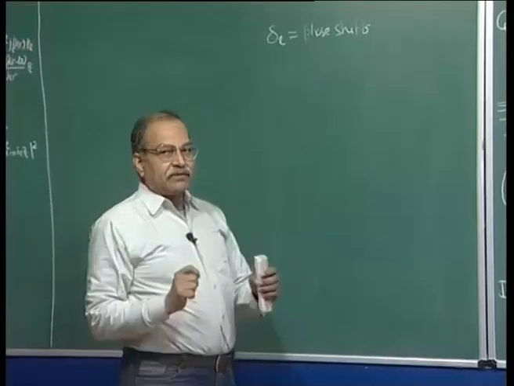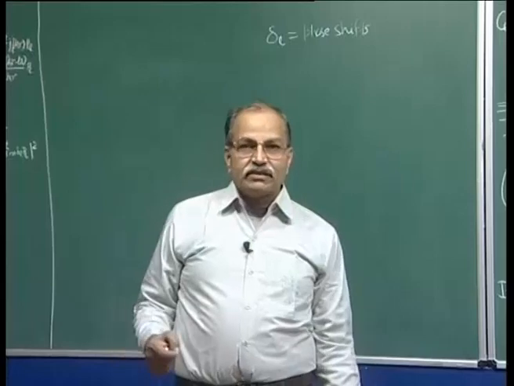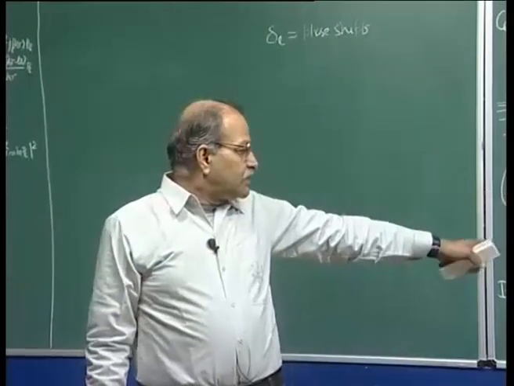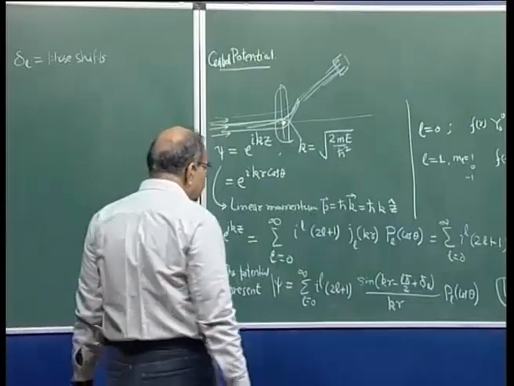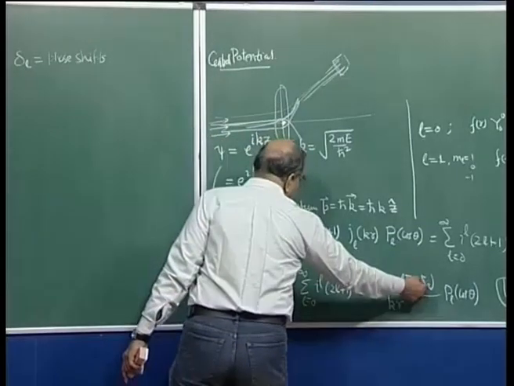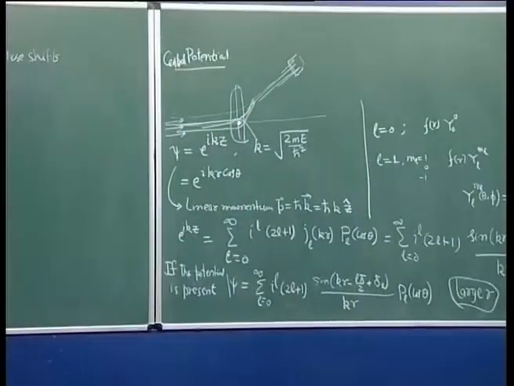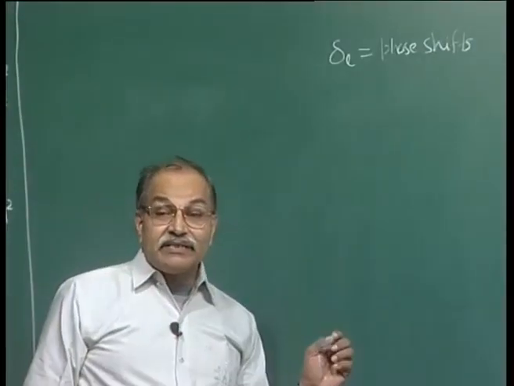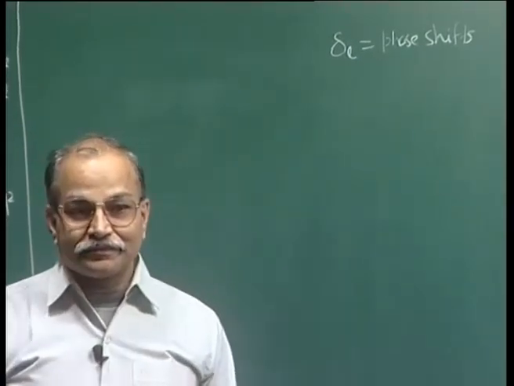So, the effect of this interaction is hidden in this delta_L, all right. These are related to what kind of interaction is there, and therefore, these delta_L's must be connected to the scattering cross section.